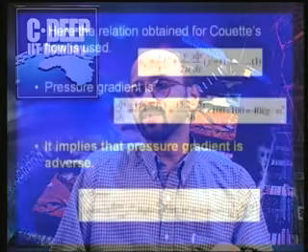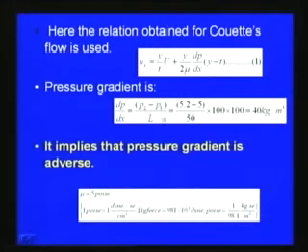So, the pressure gradient dp by dx is equal to P2 minus P1 by L, here 5.2 minus 5 by 50, and the unit is converted to meter. So, we get dp by dx is equal to 40 kilogram per meter cube. Now, you can see that dp by dx is positive, so it implies that the pressure gradient is adverse.